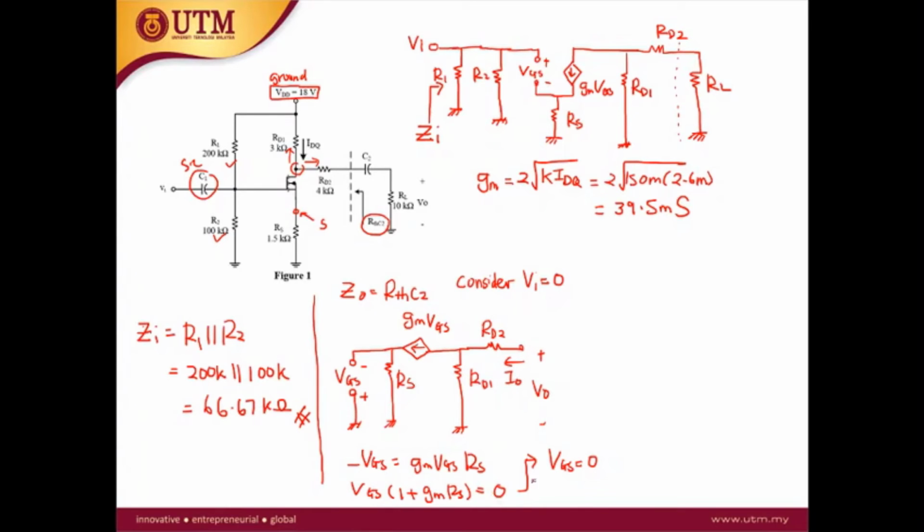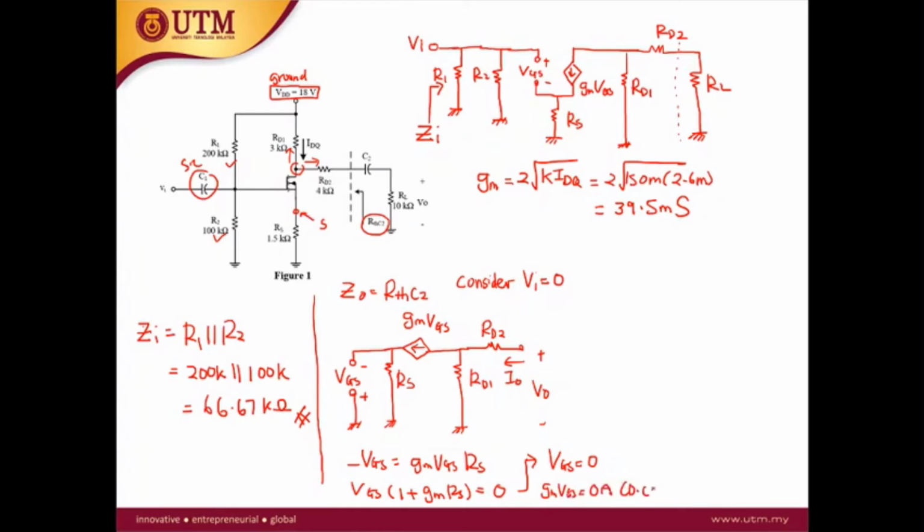Because GM has a value and RS also has a value, 1 plus GM RS will have a value. In order for the right hand side to become 0, VGS needs to be 0. So VGS is 0.